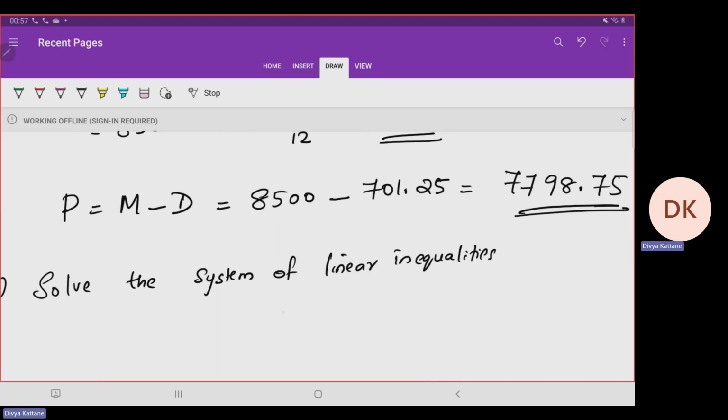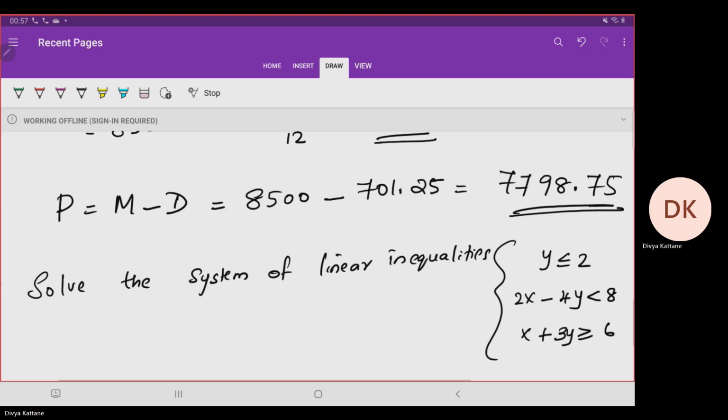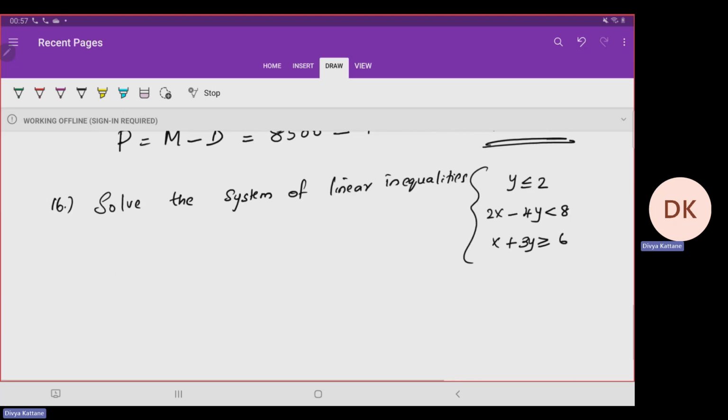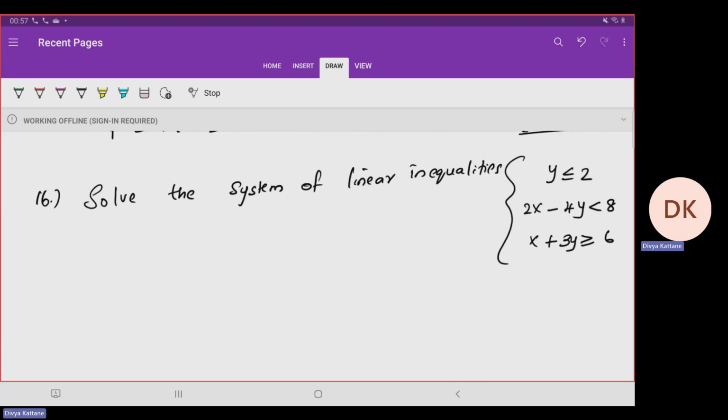Three inequalities are given. y less than or equal to 2, 2x minus 4y less than 8, x plus 3y greater than or equal to 6. So you need to solve these inequalities, the system of linear inequalities.